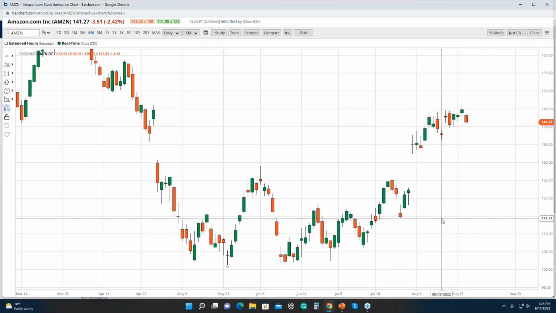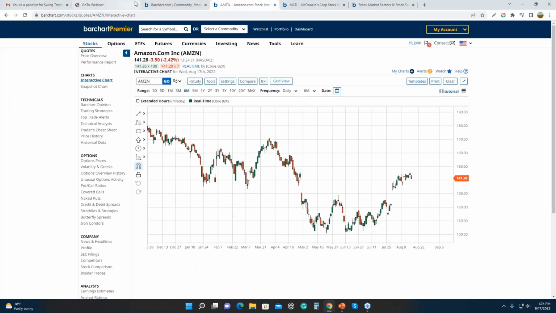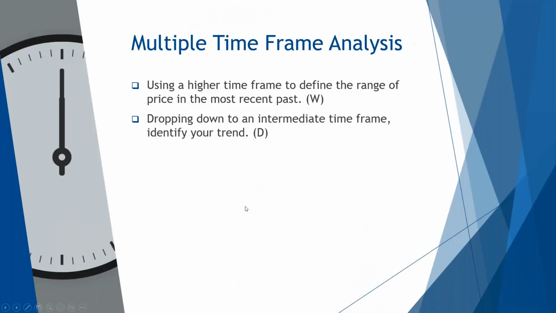So again, at this point now, I'm in the middle of my playing field. I'm in an uptrend, right? And so the second process we're going to do inside of identifying our trend is we're now going to locate those swing highs and swing lows. Now, what do I mean by that?